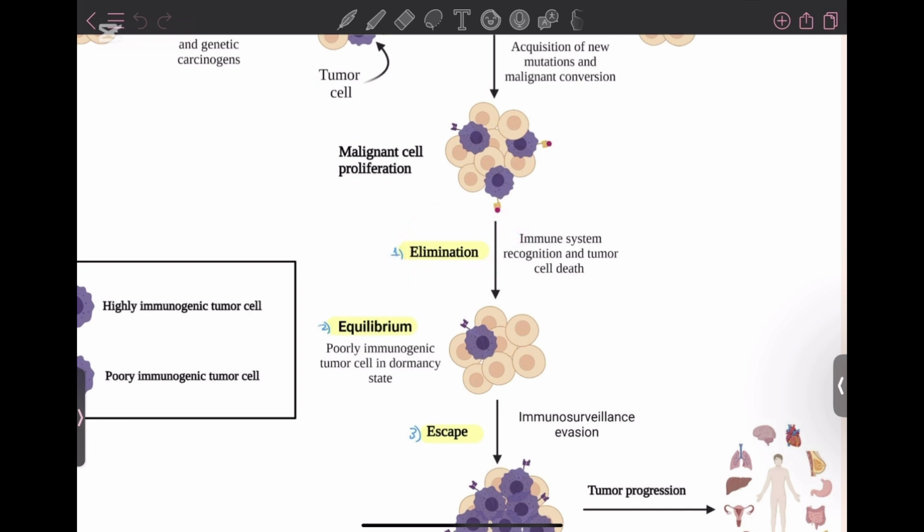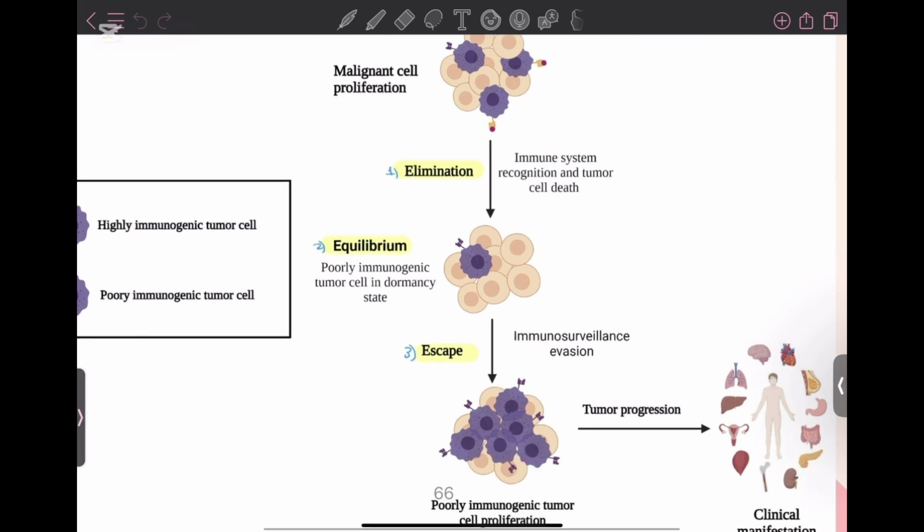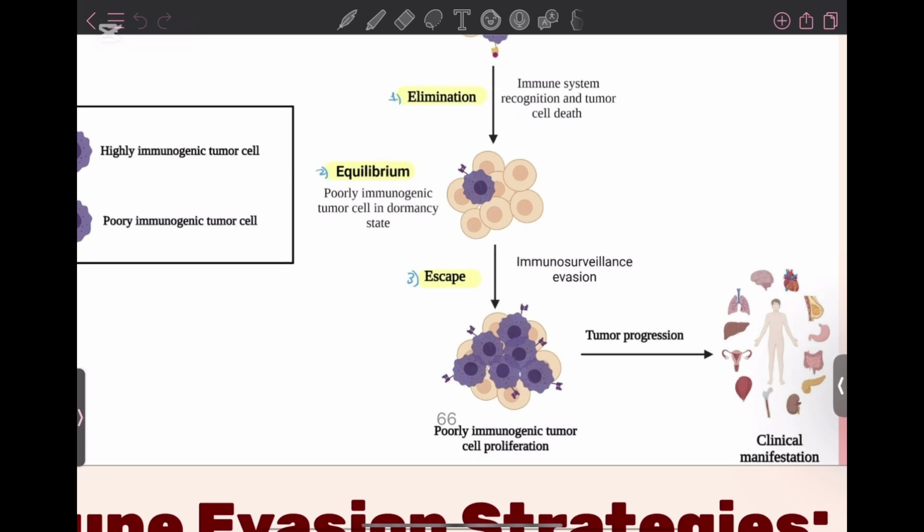Then poorly immunogenic tumor cells are going to enter a dormant state. So they're not going to be killed, but our body is not going to be able to detect them. Then these cells, using different ways that we're going to explain in a bit, are going to be able to evade and hide from the immune system until they proliferate in a very enormous amount, and then they're going to escape the immune system surveillance program, and then we're going to have tumor progression with clinical manifestation.